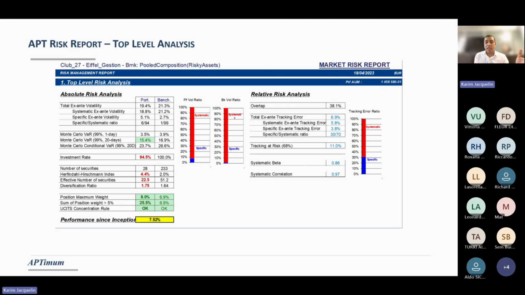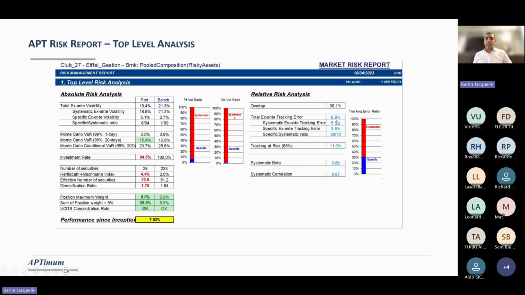And if we consider that the risks are symmetric, you have a 16% probability to outperform your benchmark by more than 6.9%, but also a 16% probability to underperform your benchmark by more than 6.9%. So the lower the tracking error, the closer you are to the benchmark.